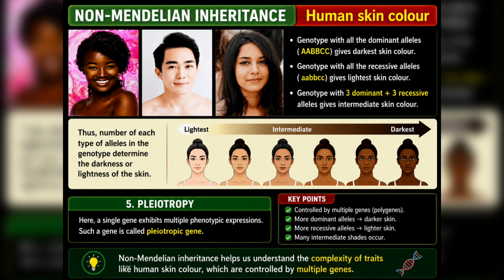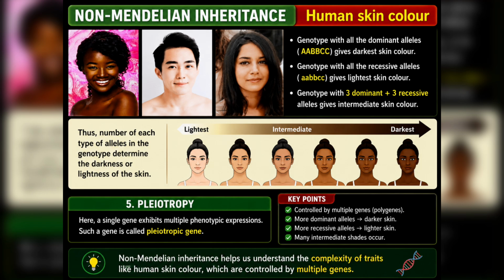So they have the darkest skin color, and a person with small a, small a, small b, small b, small c, small c has no dominant allele, resulting in the lightest skin color. People with combinations like capital A, small a, capital B, small b, capital C, small c give intermediate skin color.